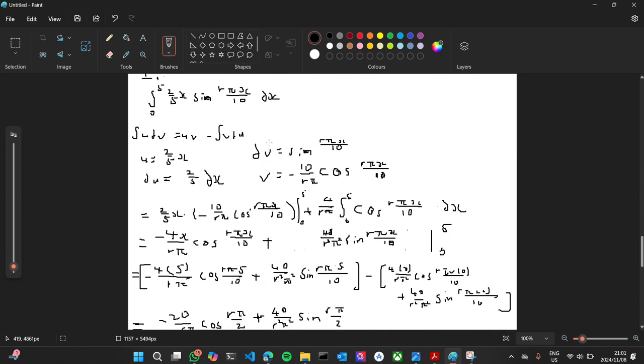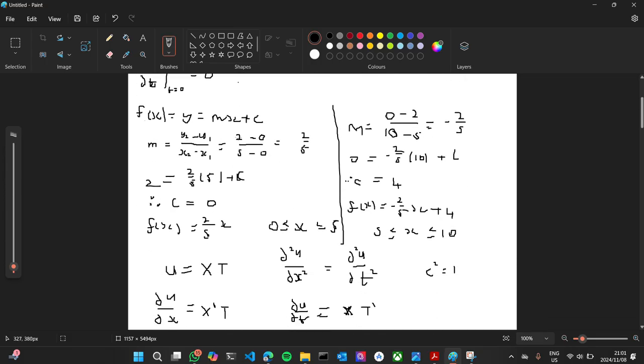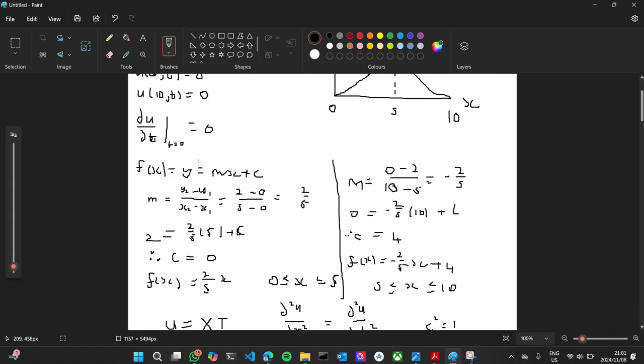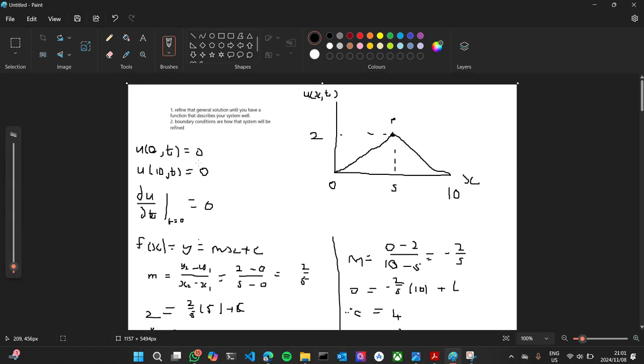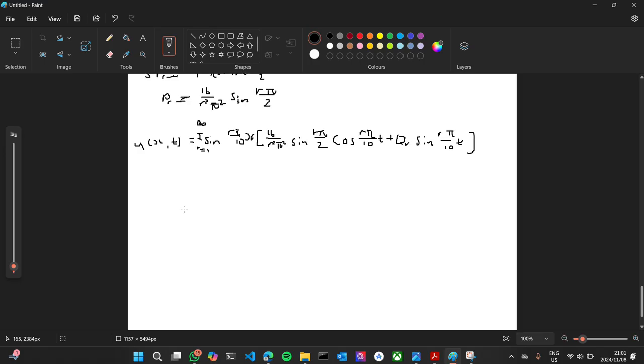We have one more boundary condition that we need to take a look at, and that's going to help us find q of r, and that is d of u of t. The velocity of the string is 0 at time equal to 0. Okay, so we now need to differentiate this whole expression here in terms of t.